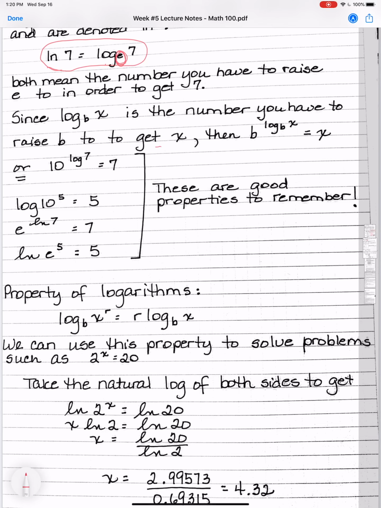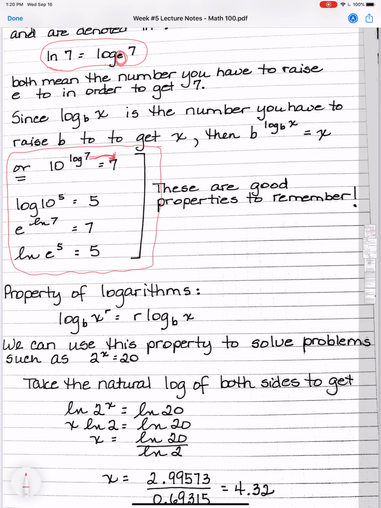These properties that I've given you in the middle of this page are just kind of good to know. They will help you make some of your homework easier. For example, 10 raised to the log of 7 is just going to be 7. So when you raise 10 to a logarithmic power, your solution is just that number.